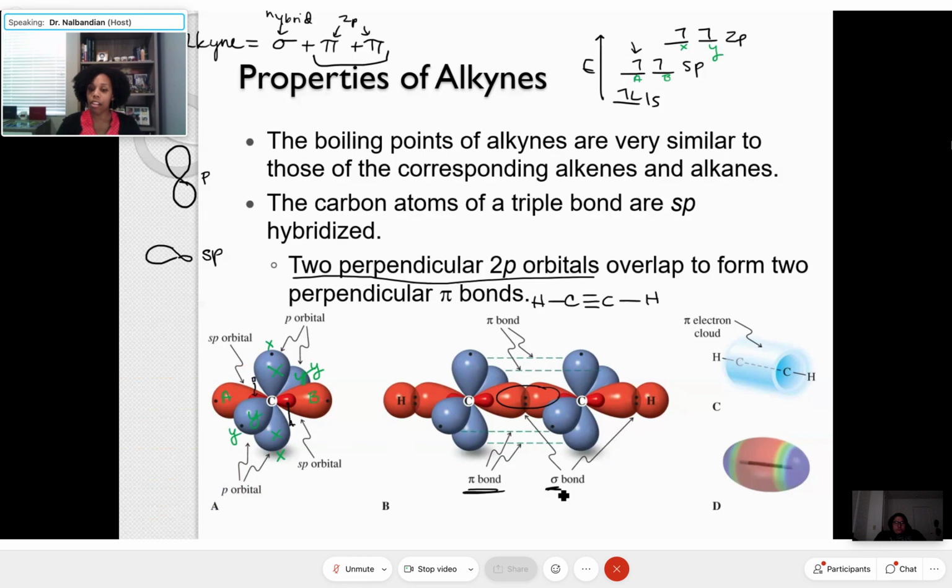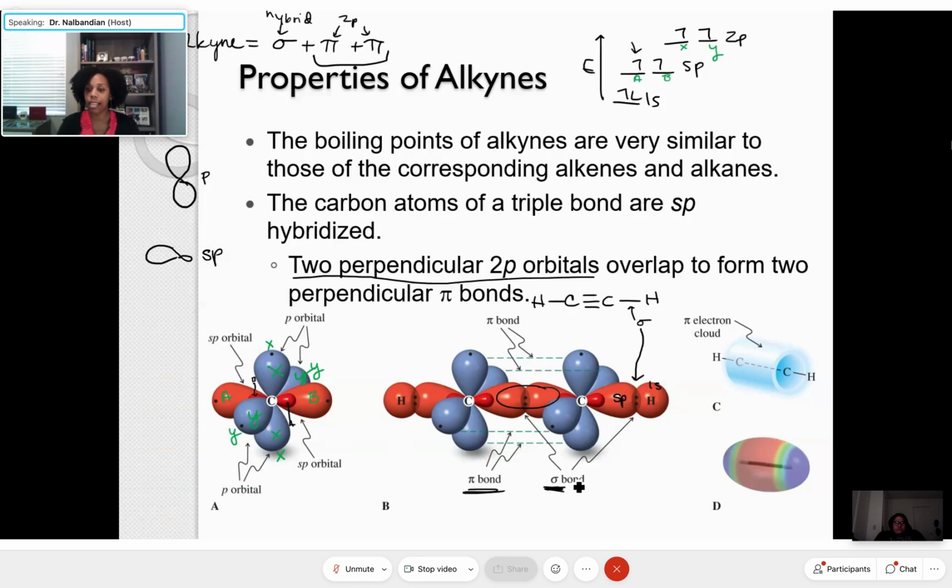So we need another sigma bond here. A single bond is a sigma bond. And so we get this overlap between the sp orbital of carbon and the 1s orbital of hydrogen. Those are overlapping face to face, and so we make another sigma bond.